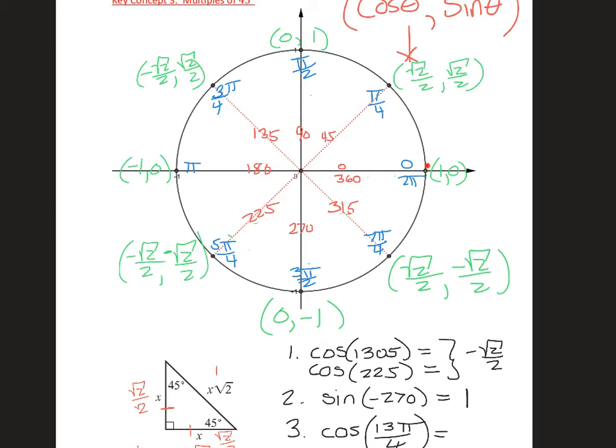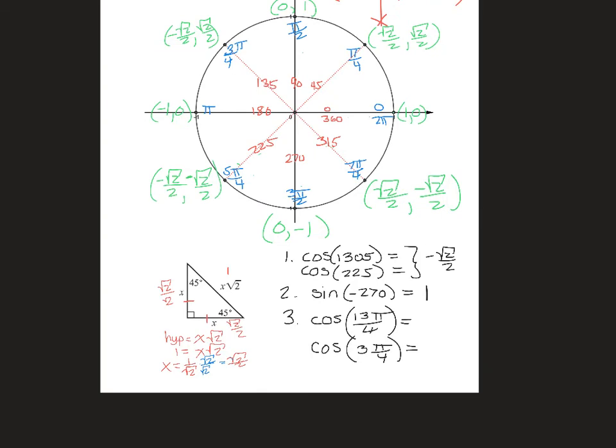That's 2 pi. 3 pi is here at 180. And now we're going to go around a quarter more because that's the only thing we have left. So right here is the same angle. So 5 pi over 4 radians is the same thing as 13 pi over 4 radians. By the way, same thing as 225 degrees.